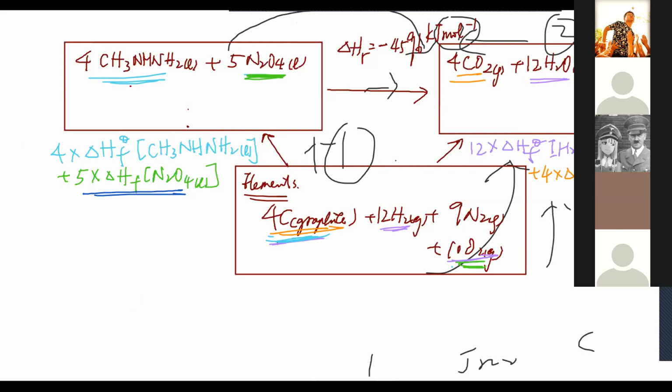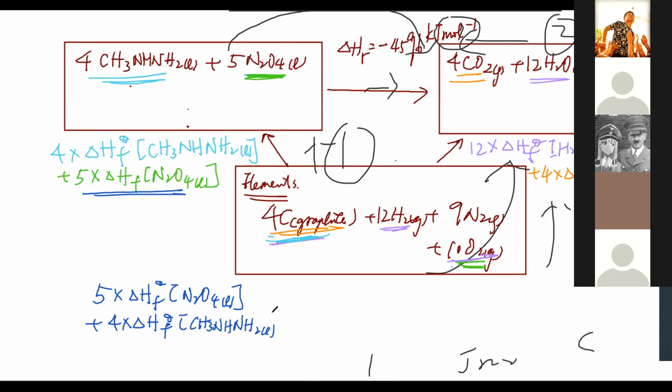So which means that you are going to have 5 times delta H of formation of N2O4, plus 4 times delta H of formation of this very long term, CH3NHNH2, right? That, this arrow, which is equal to this minus this.